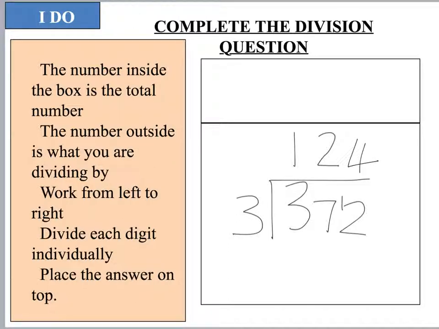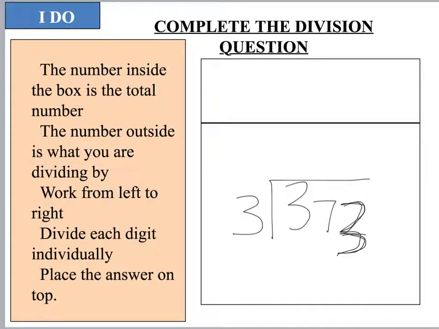Remember, that's easily done, but let's just change it for a second. Let's get rid of our answer here. And now instead of 372, let's say we had 373 divided by 3.